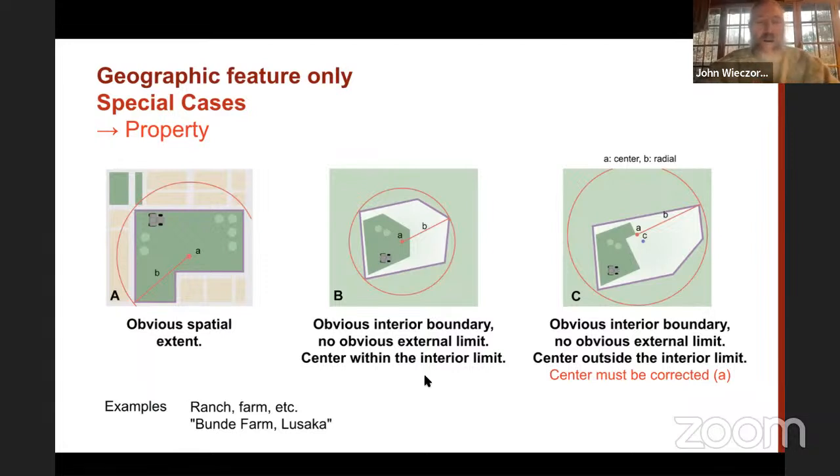Some part of the feature or the property might be very clear. This part is definitely within the ranch, but we don't know how much of the outlying area is part of that ranch. We have an idea, and we need to take into consideration those less obvious boundaries to make our drawing.